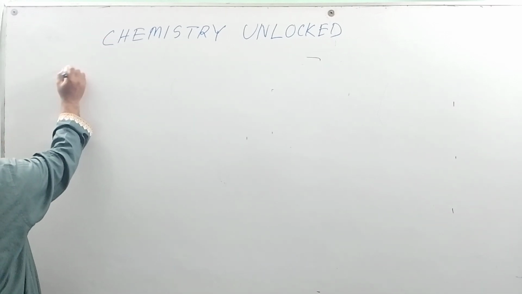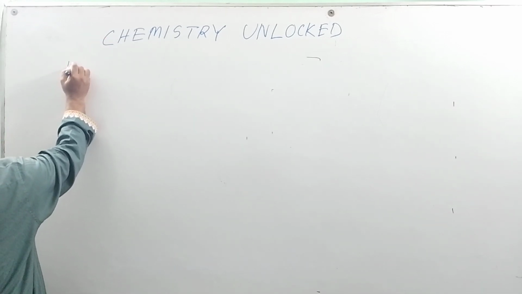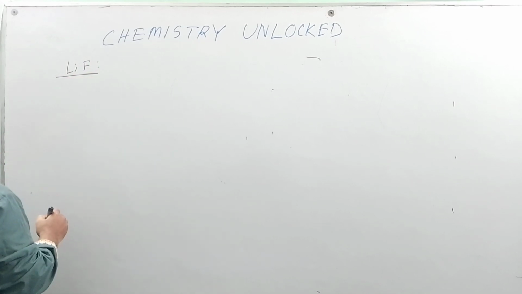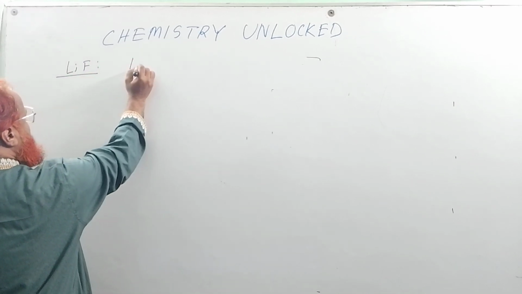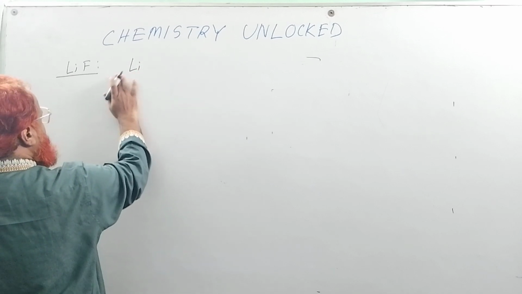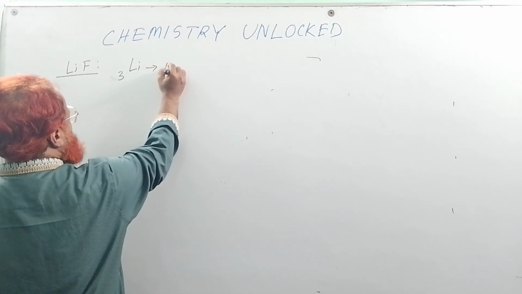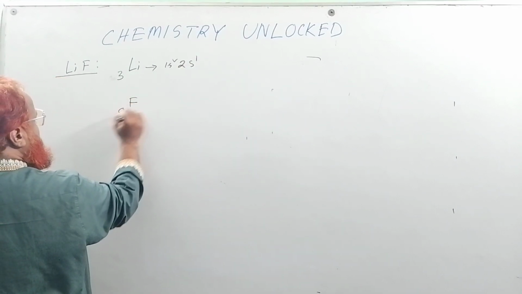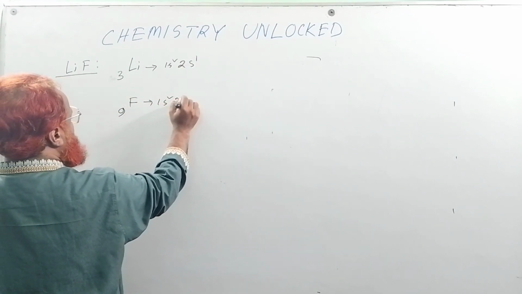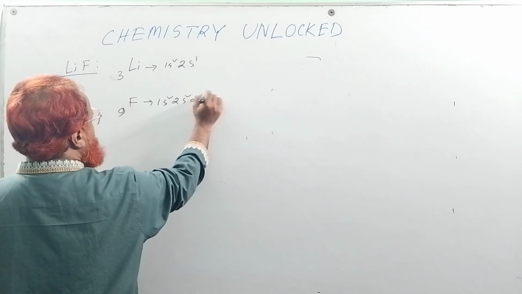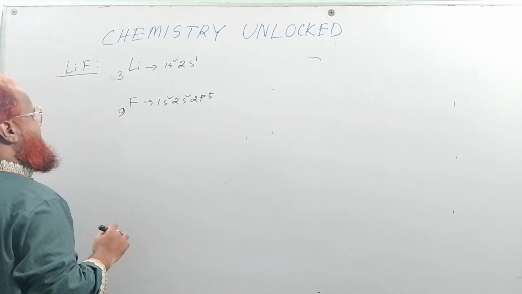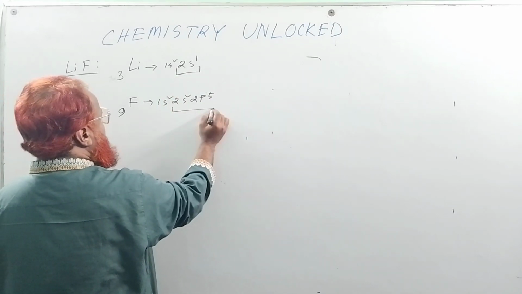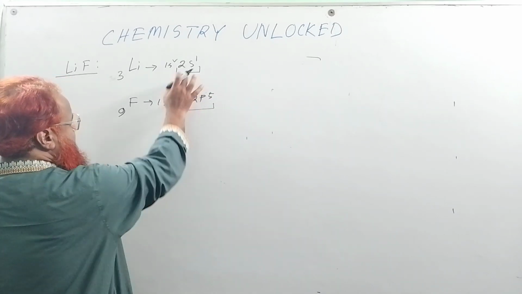For example, lithium fluoride. Lithium is atomic number 3, that is 1s2, 2s1. Fluorine is 1s2, 2s2, 2p5. My dear students, when you see the electronic configuration of the metals, this is the valency shell.